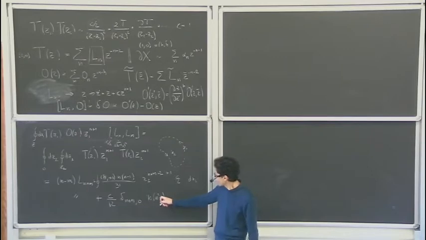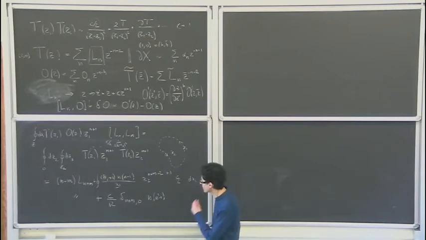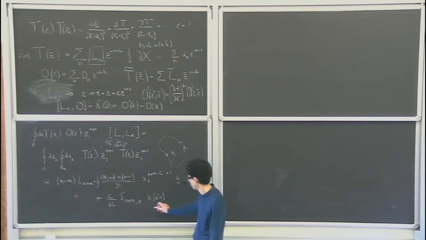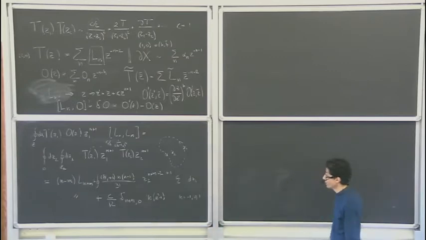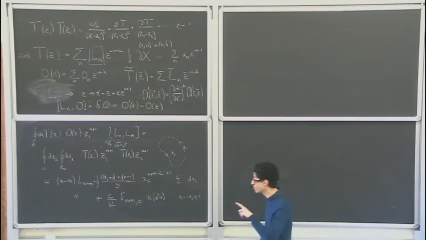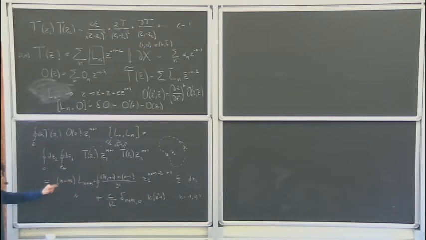So this is telling you something that I wanted to mention now. This anomaly term vanishes in the case minus 1, 0, 1. So there is a subgroup of the algebra generated by these three terms, L minus 1, L0, and L1, that is closed.